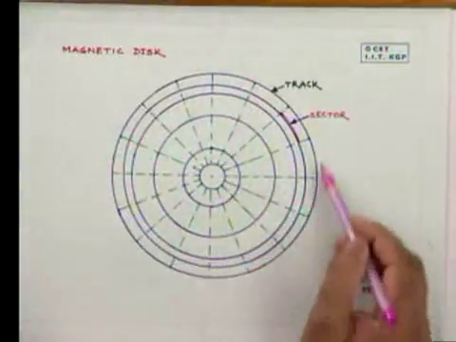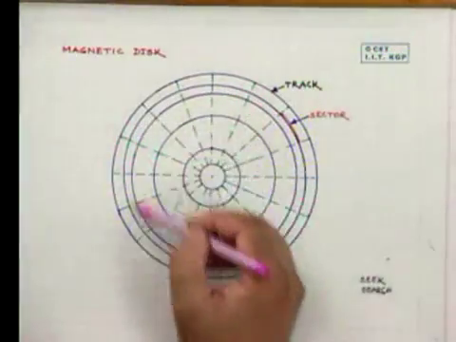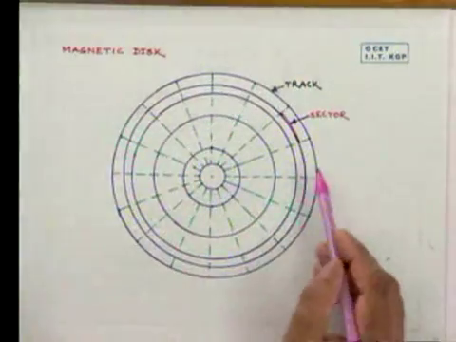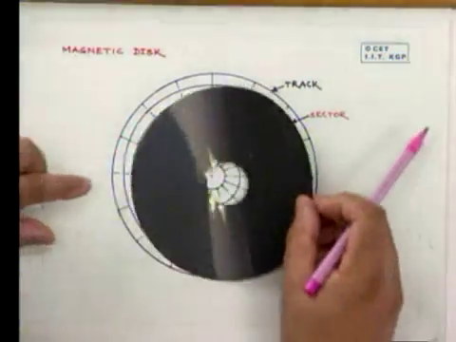Let us now come to the magnetic disk memory. The magnetic disk memory is somewhat like this: there is a disk surface, a magnetic surface. It looks somewhat like this.